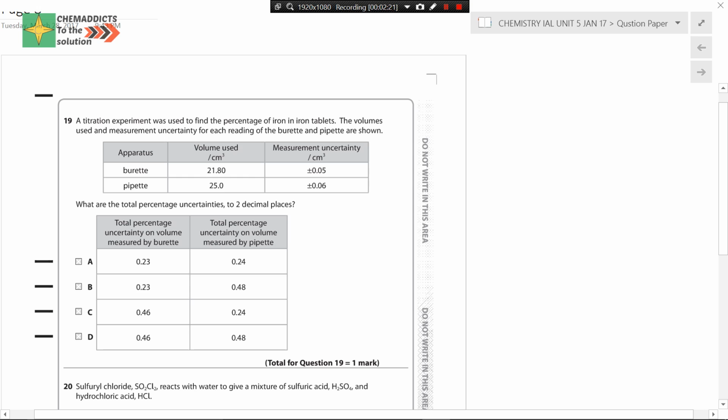Let's just discuss some of the things before solving this question. When we are calculating the percentage uncertainty of the burette, what we actually do is take reading two times.